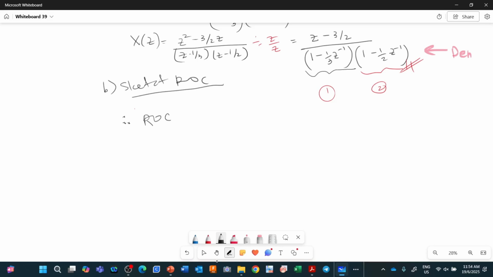Take out the first one: 1 minus 1 over 3 z inverse. Okay, and then I'm going to write both first. 1 minus 1 over 2 z inverse. We are going to find what is the ROC.